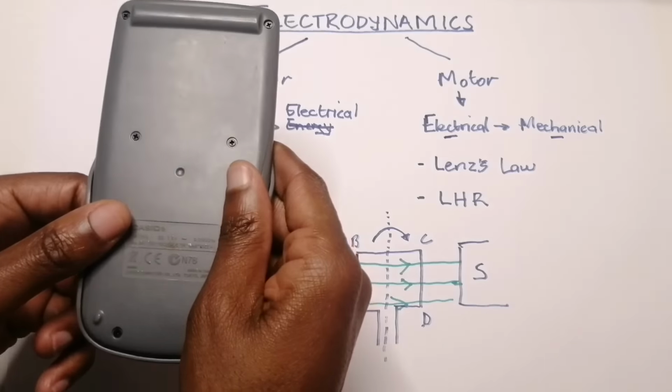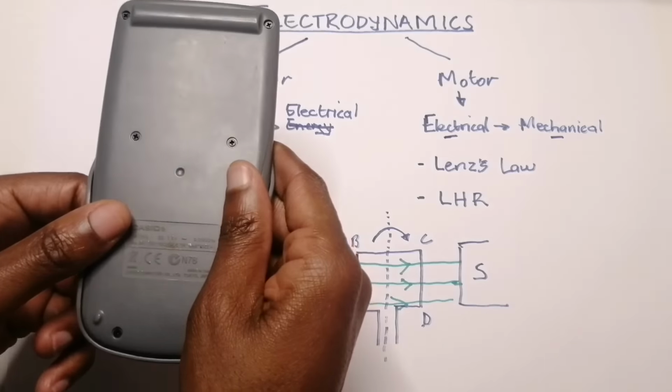Now, the first finger, or forefinger, shows us the field. So our first finger tells us the direction of the magnetic field. Where's our magnetic field going? In that direction.